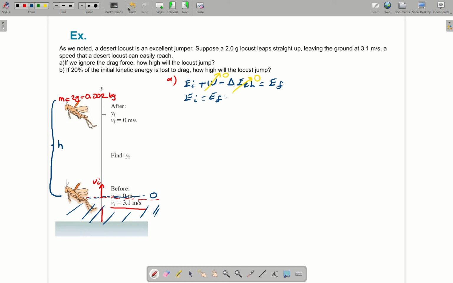Oh, let me go back here. The picture shows the jump distance to be that, so let's draw a new one that agrees with that. As it is jumping up, at the final position, it will have 0 speed, right? And the initial energy will be equal to final energy, no drag.